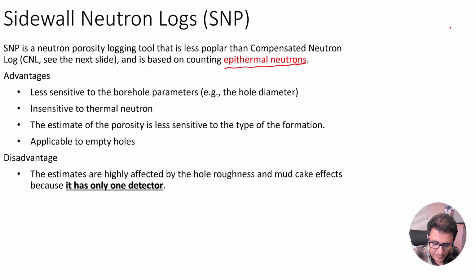So for example, if we have a borehole wall here, and if this is our logging tool, it's going to clamp to the formation by using a bowstring. And here, as I said, you have one detector, and we have one neutron source here.